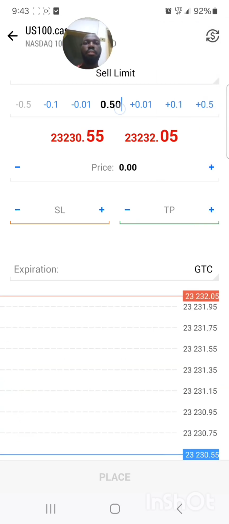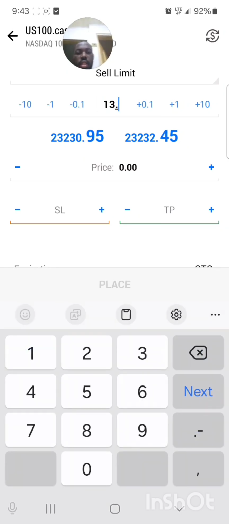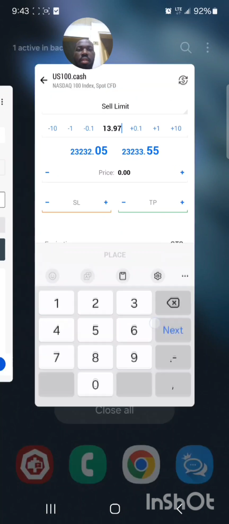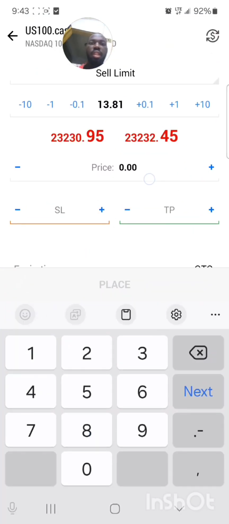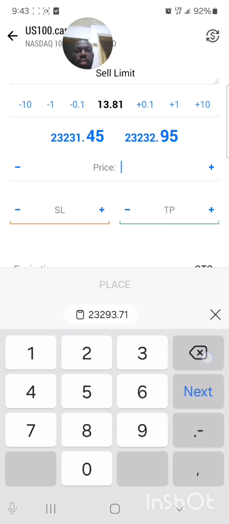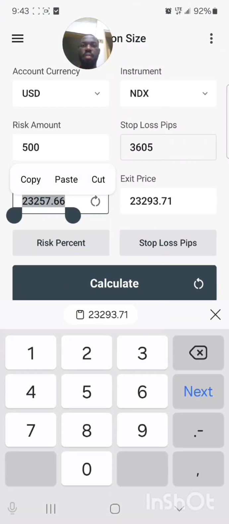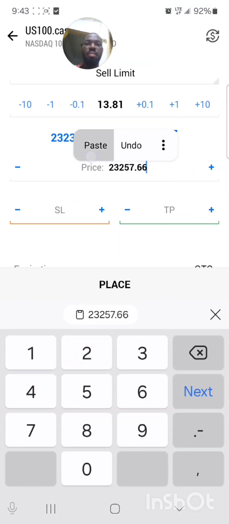Then we'll come here, 13.87. Then the entry price, which is this. We copy, and then we set. That's the price we're entering in the market.